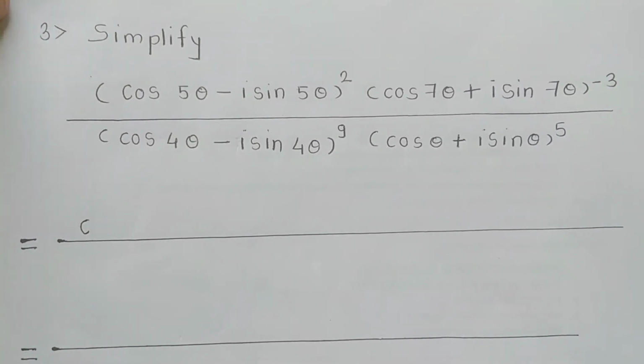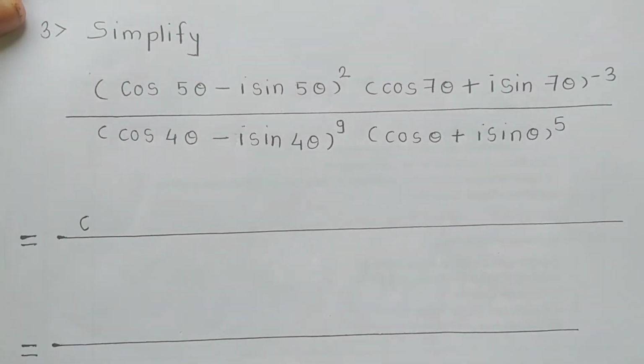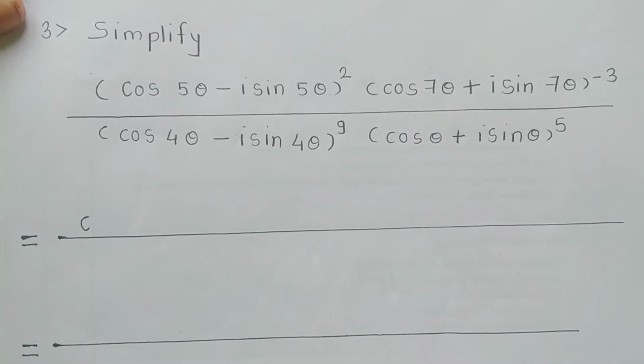Now we simplify this expression: (cos 5θ - i sin 5θ)^2 × (cos 7θ + i sin 7θ)^(-3) upon (cos 4θ - i sin 4θ)^9 × (cos θ + i sin θ)^5 here.